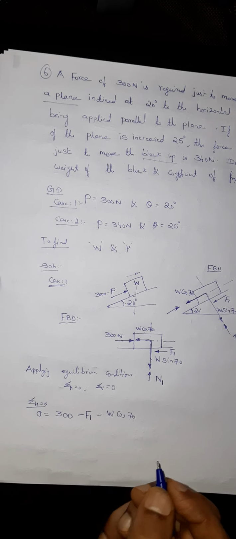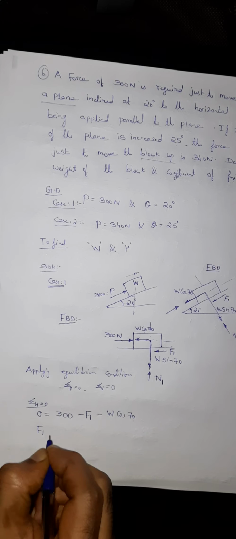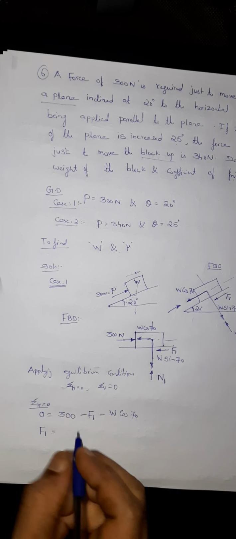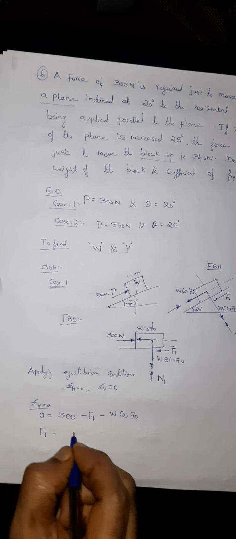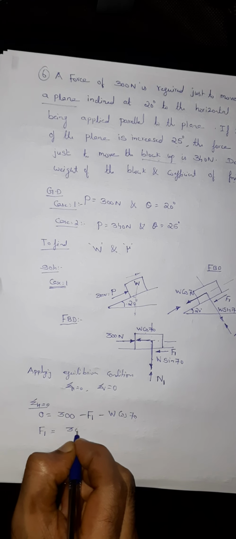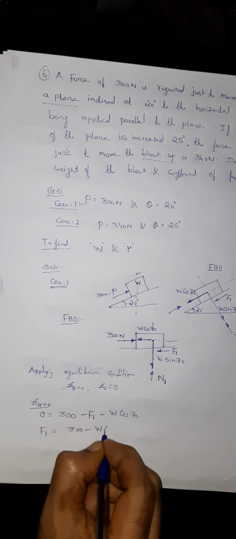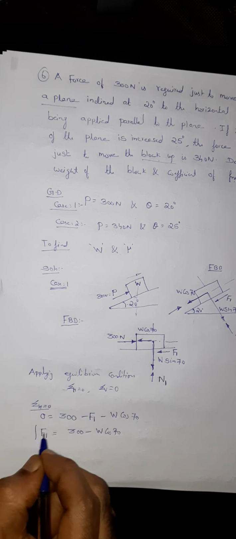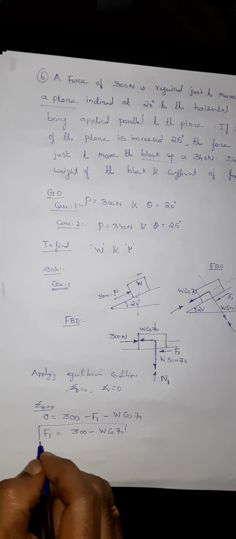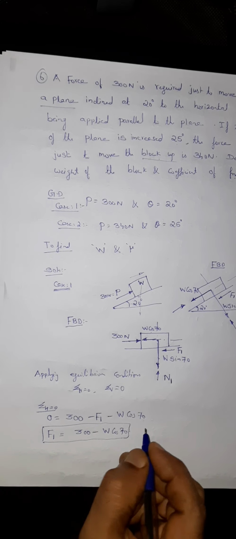So F1 equals 300 minus W cos 70. Equation number 1.